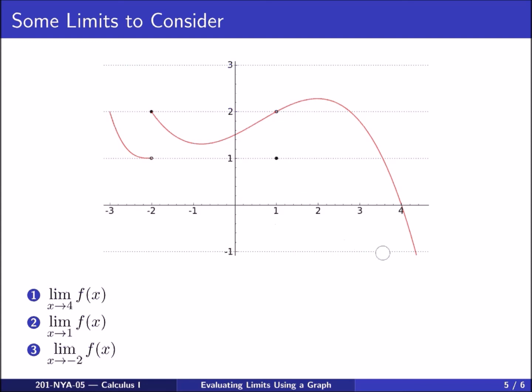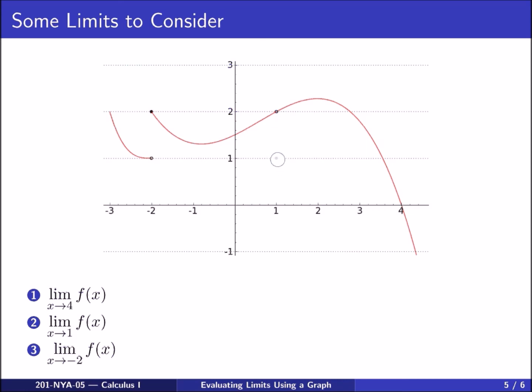In the second limit, as x approaches 1, remember that x is actually never equal to 1 as it approaches 1. So the fact that f of 1 is 1 has no influence whatsoever on the value of the limit.